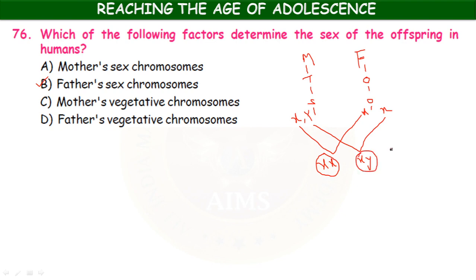The diploid zygote with the XY combination is a male child. So now tell me, which chromosomes determine the sex of the child? The sex of the child is determined by the father's sex chromosomes, that is XY chromosomes.